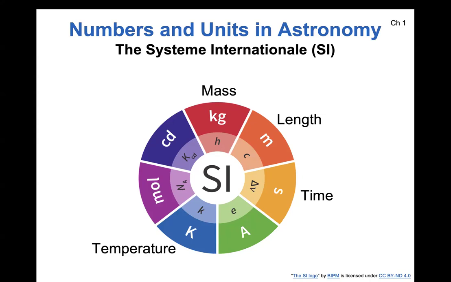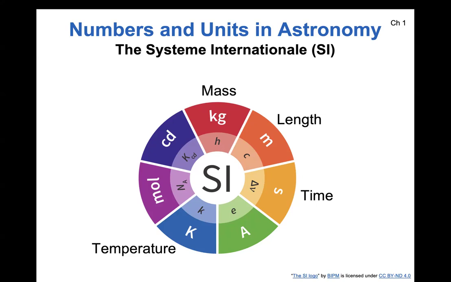And everything from energy to momentum to intensity and power output, even force, acceleration, and velocity, they're all built on these base units. So all those other terms I just mentioned would have unit expressions that are called derived units.